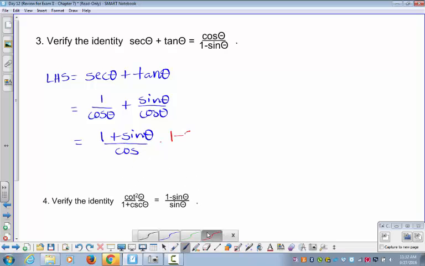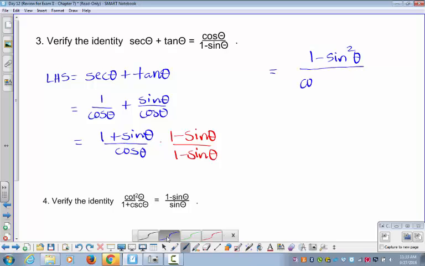We'll multiply top and bottom by the conjugate of the numerator. And when we multiply by the conjugate of the numerator, in the numerator we end up with 1 minus sine squared. In the denominator, I'm not going to multiply these together. Let's leave it as a product of 2 expressions.